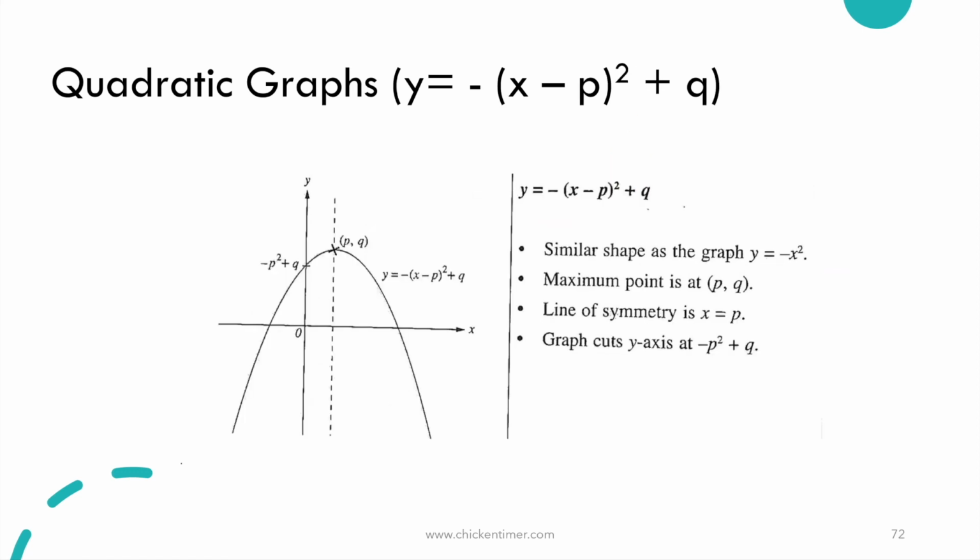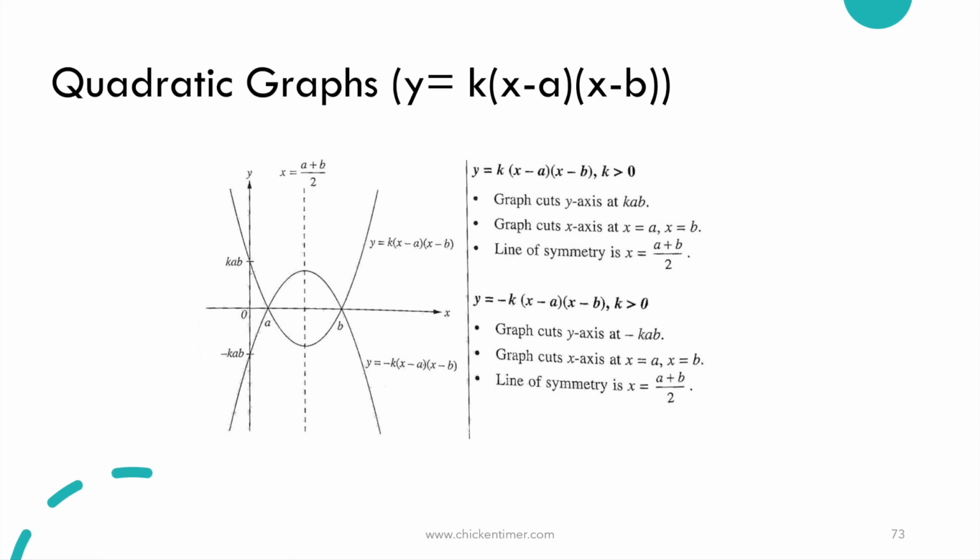Then there's a negative x minus p squared plus q. Since x squared is negative, you will get a frown face, and you will still get the maximum point, and you will get the line of symmetry and then the y-intercept. But notice a lot of this kind of complete the square graph may not have x-intercept at all.